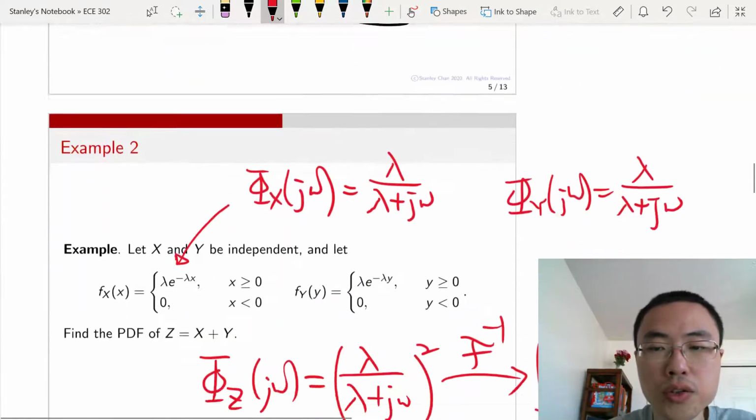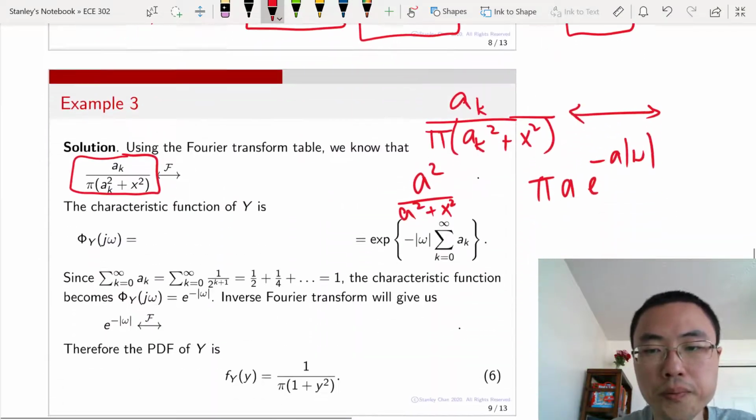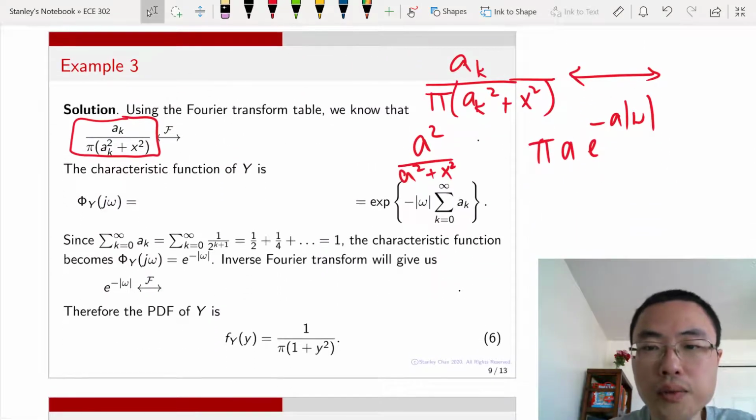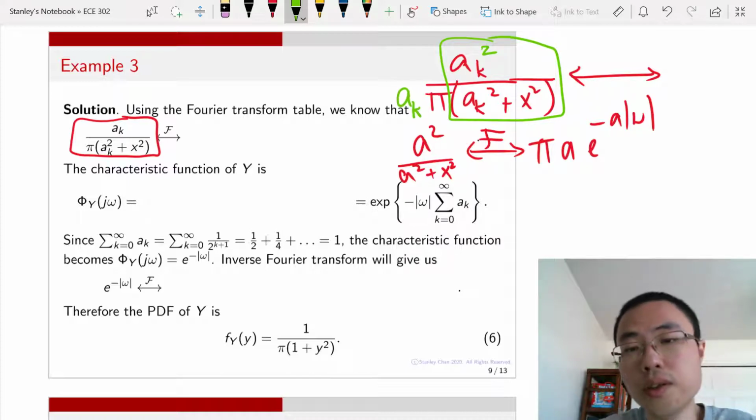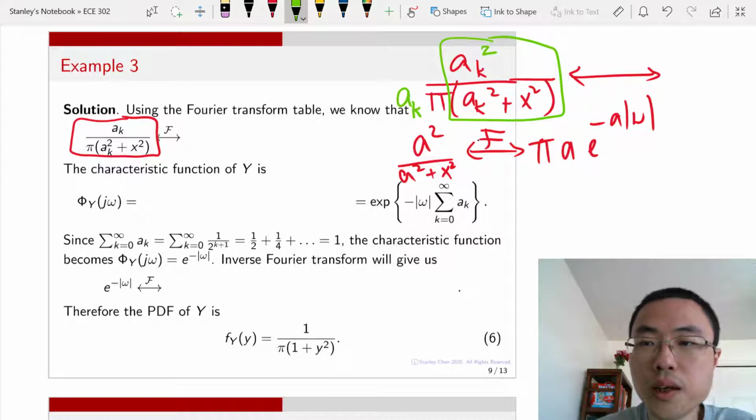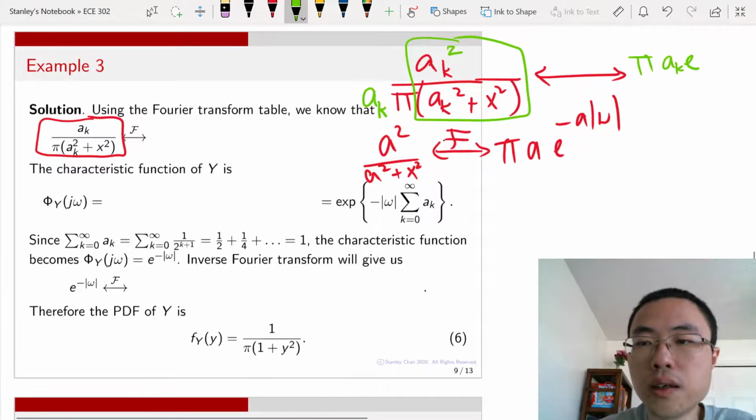Okay, so if this is the form, then we know that this is the Fourier transform. Now the difference between this and that is that here this is not in the form that you want. So I need to put a square here, and I want to divide by 1 over ak, and so this will give me pi ak e to the minus ak and then omega.